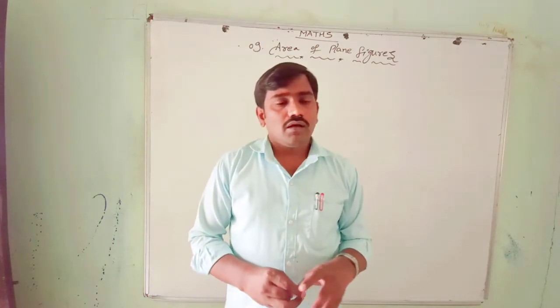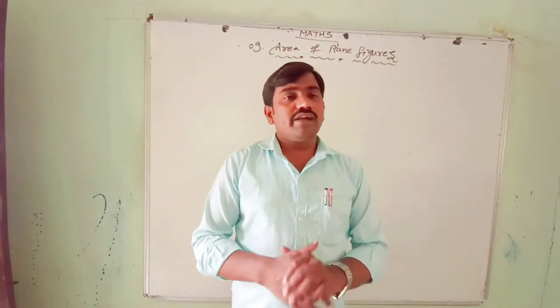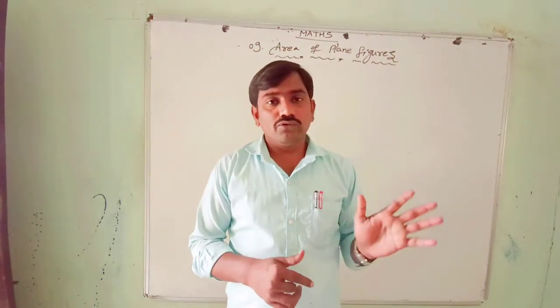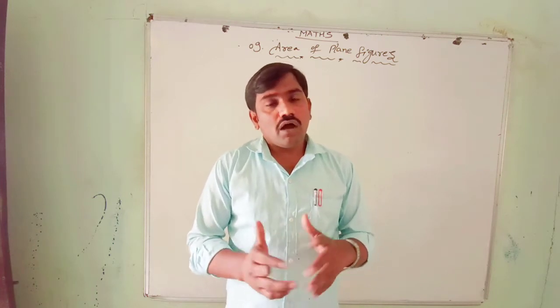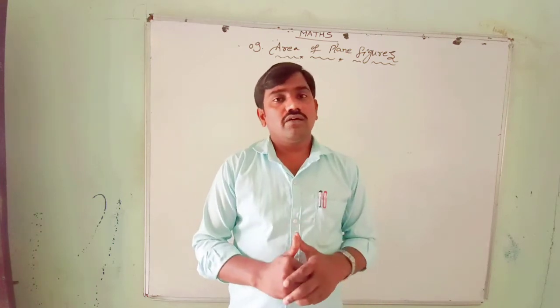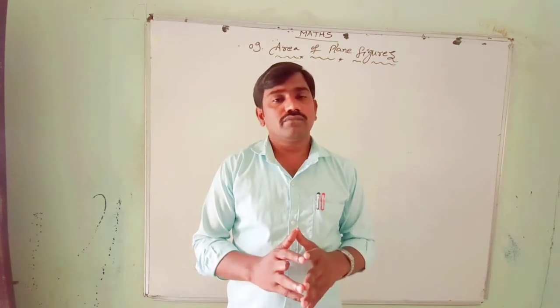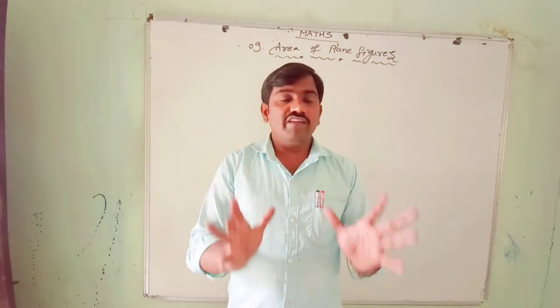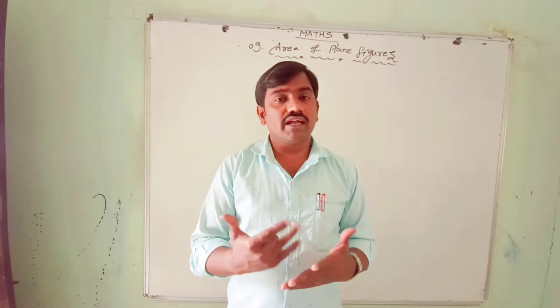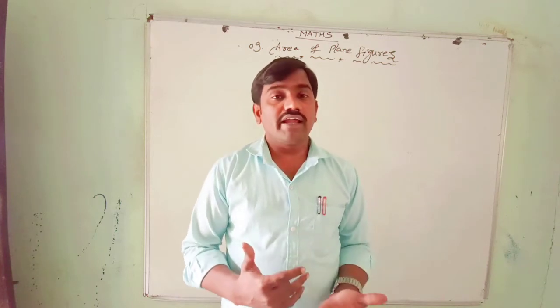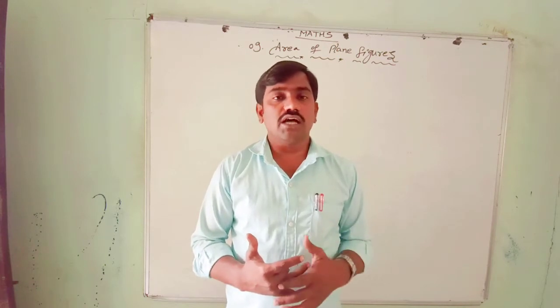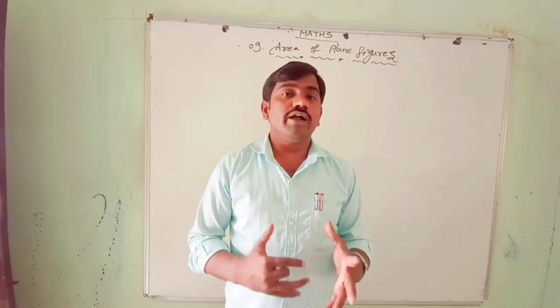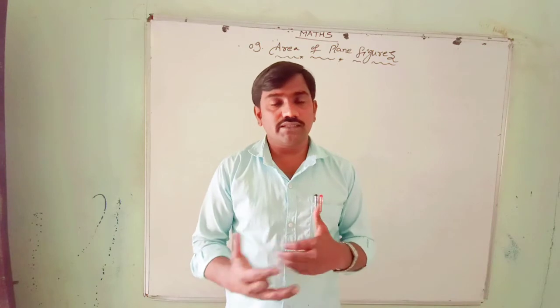So in this chapter we have two exercises, 9.1 and 9.2. In these two exercises we are going to use some plane figures like a square, rectangle, triangle and some other quadrilaterals, circles also, and we are going to find the areas of those figures.